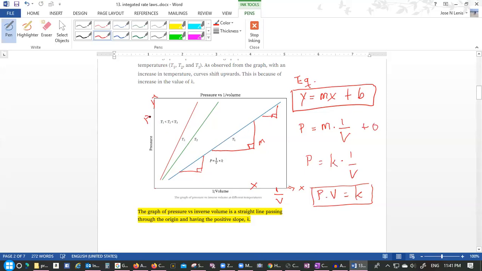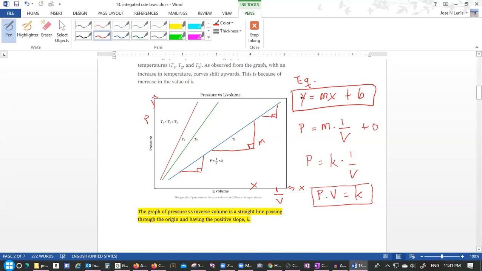So that's it. The graph of the pressure P of the ideal gas against the inverse of the volume will give a straight line, and that will show the linear tendency of that relationship.